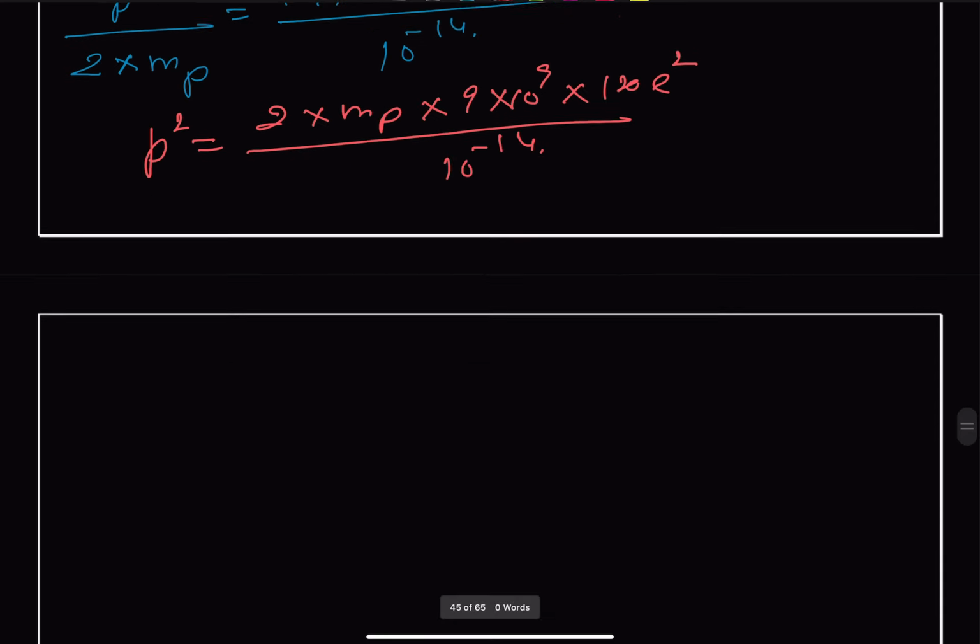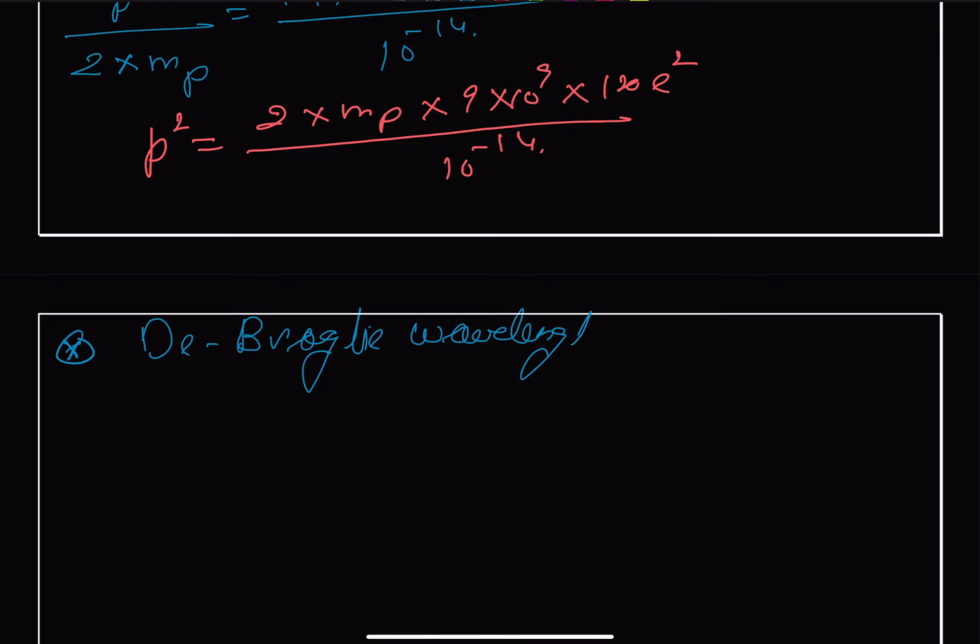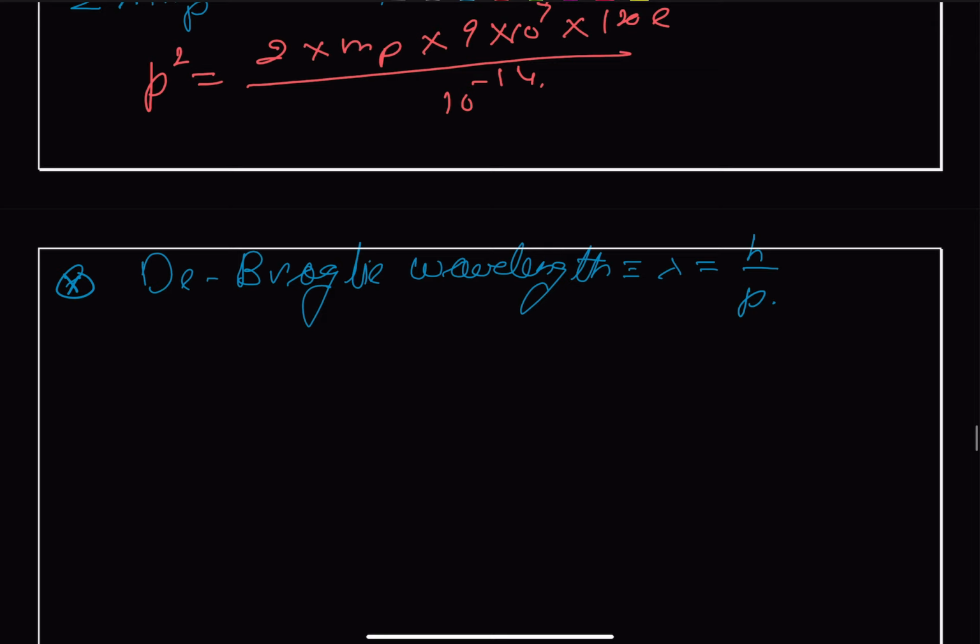Now we can find our de-Broglie wavelength. Lambda will be equal to h upon p, and we are going to square them. Lambda square is equal to h square upon p square.